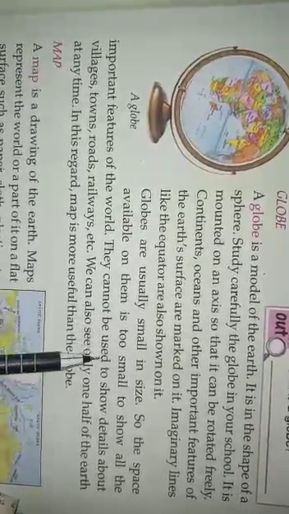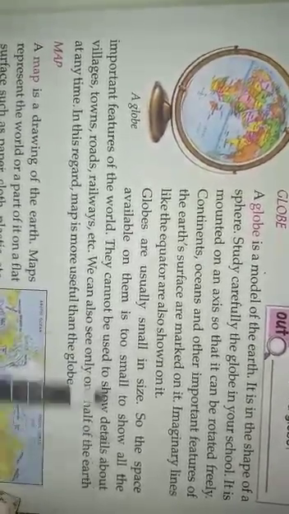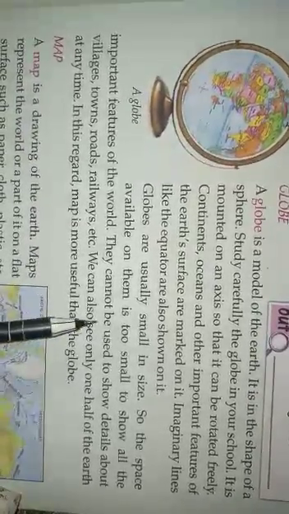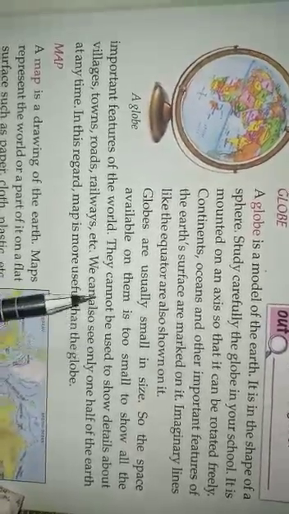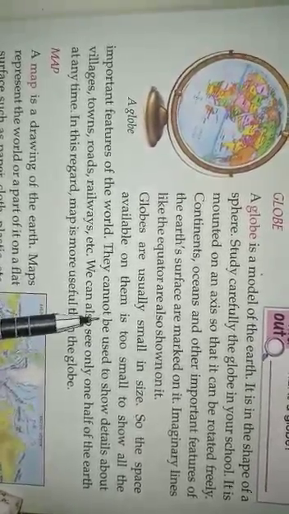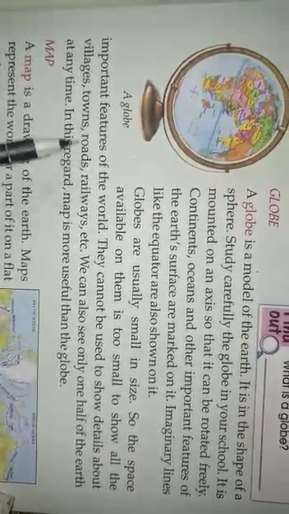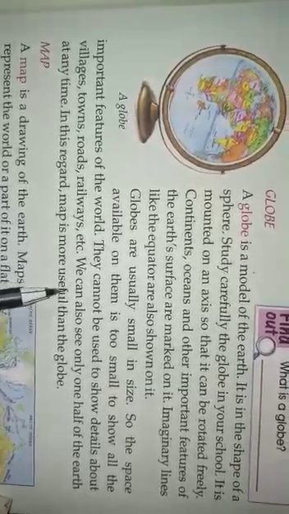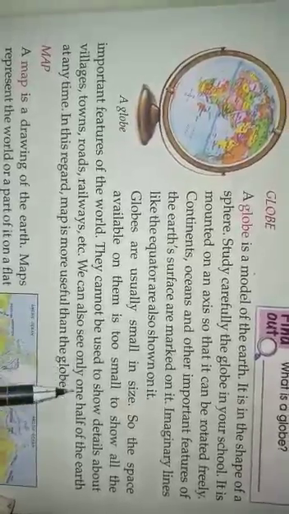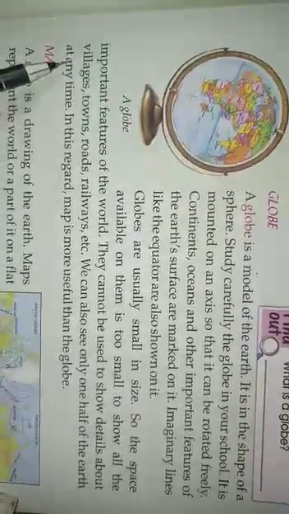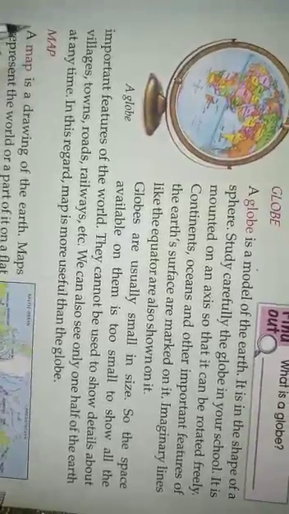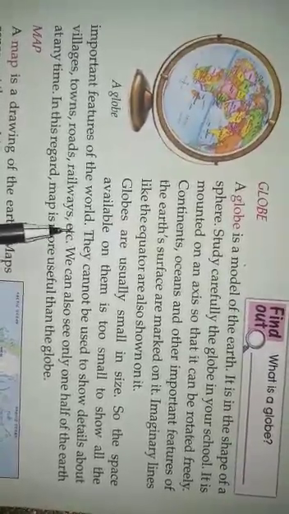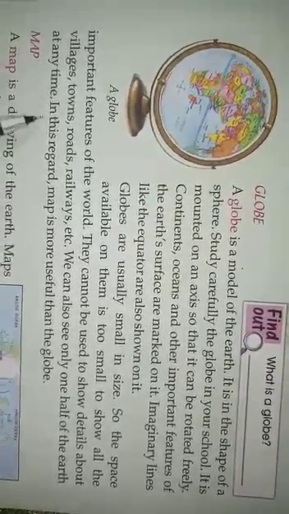They cannot be used to show detail about villages, towns, roads, railways, etc. Children, a globe is small in size, so we cannot see detail about villages, towns, roads, railways, etc. We can also see only one half of the Earth at a time. At any time on a globe we only see half of the Earth.